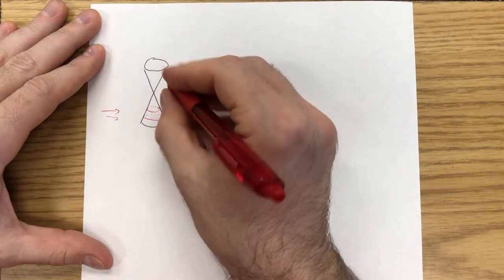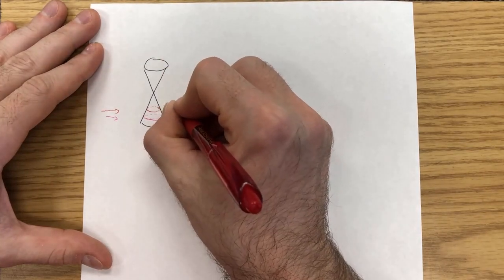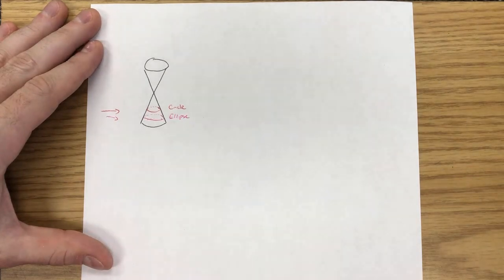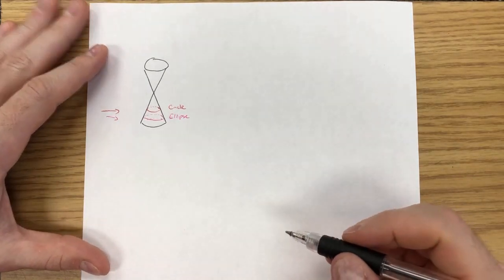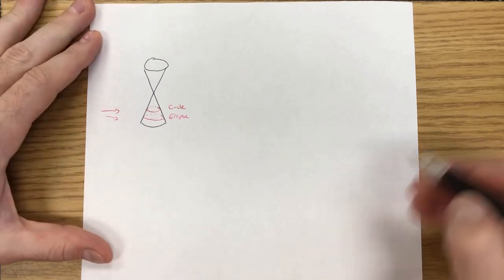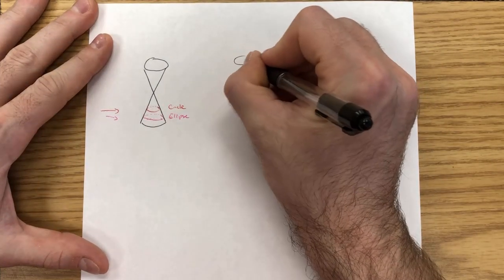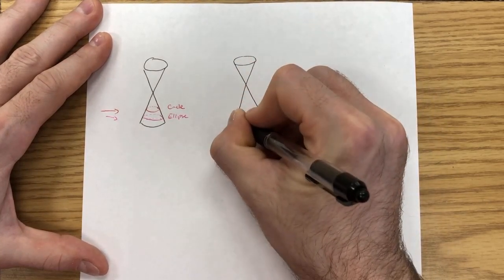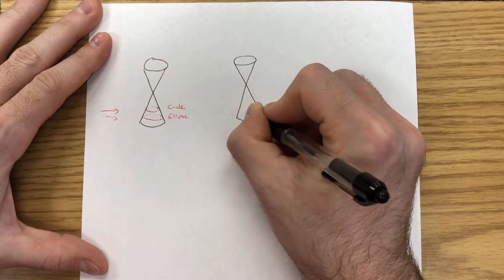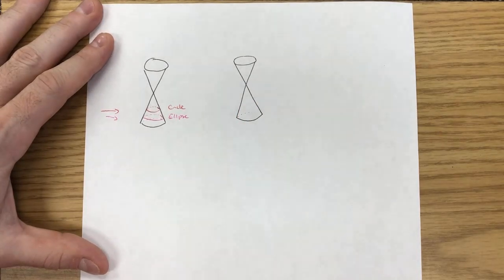So my two cuts where I'm going straight across are a circle and an ellipse. And then if I continue to increase that angle, let's increase that angle just a little bit further.